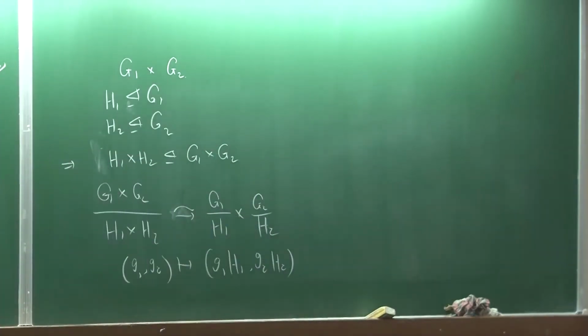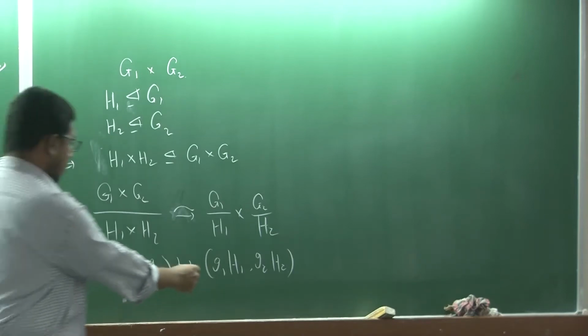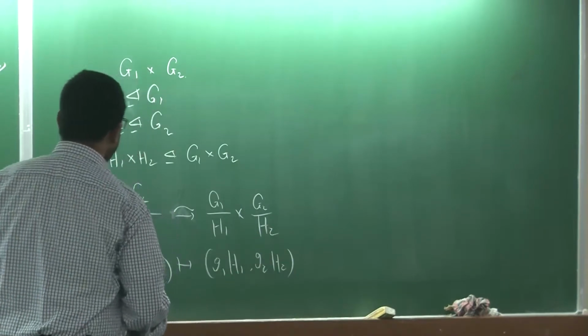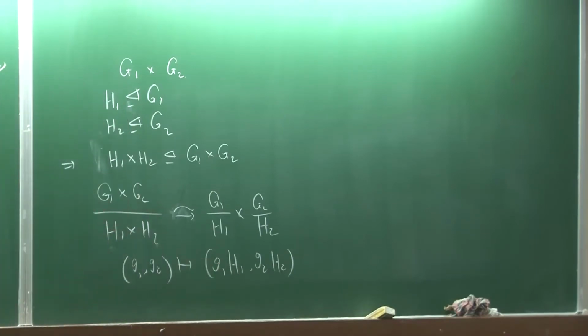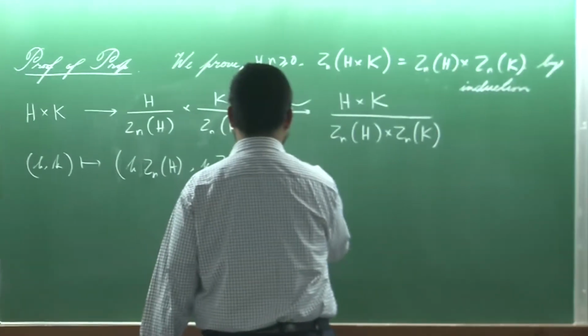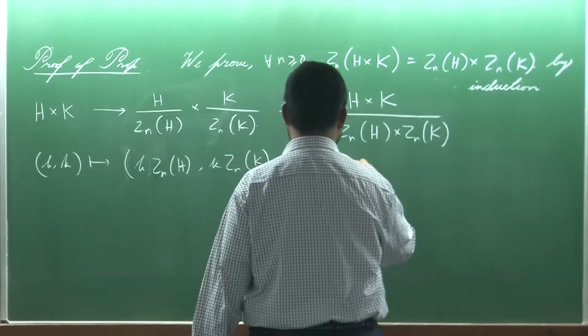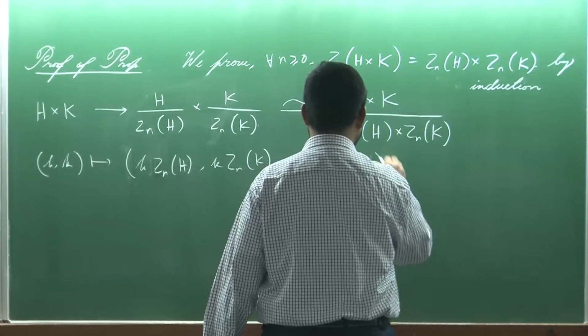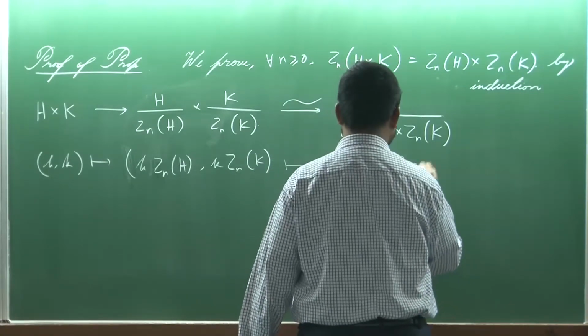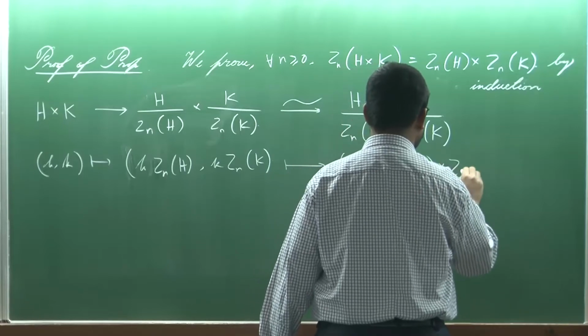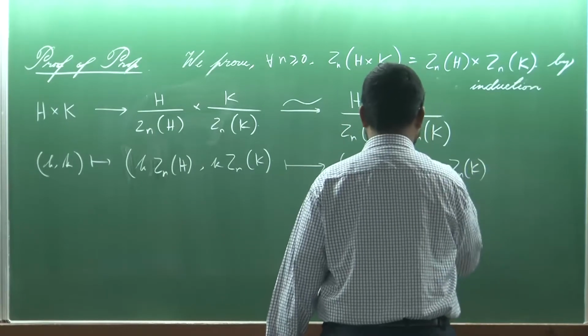This map is easily seen to be a homomorphism because each component is a homomorphism, and then the kernel of this map is precisely this subgroup. So we have to have this isomorphism. So from here to here we do have this map which sends H comma K to the following subgroup Z and H cross Z and K.